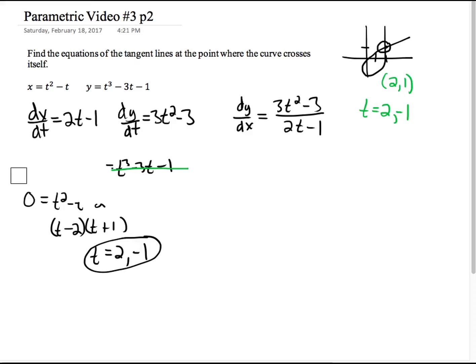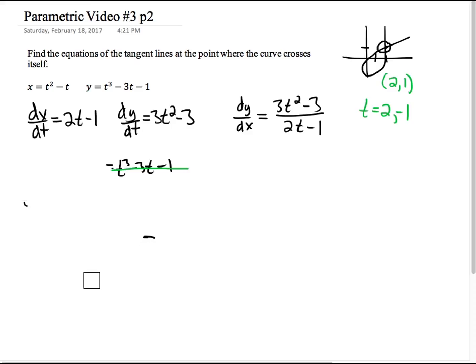So let's go ahead and start constructing our tangent lines. We're going to, of course, need slopes for those. So I'm going to switch to blue just to distinguish here. So let's find dy/dx evaluated at t equals 2 first.